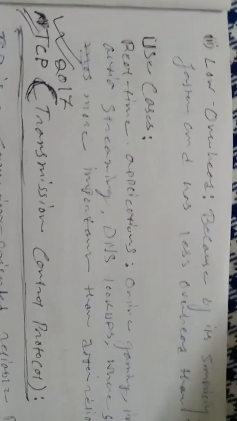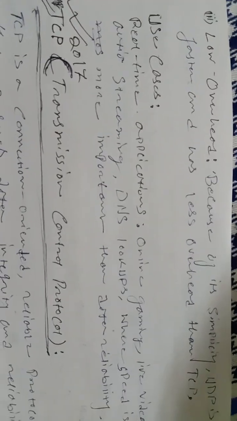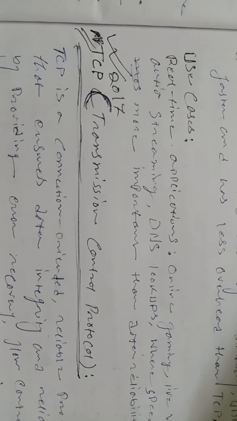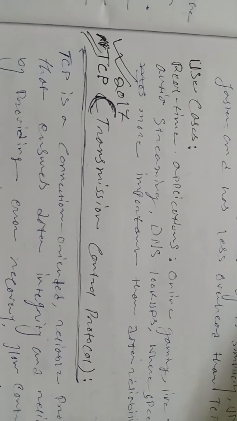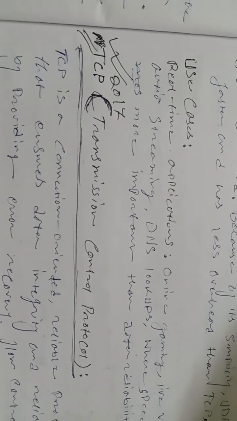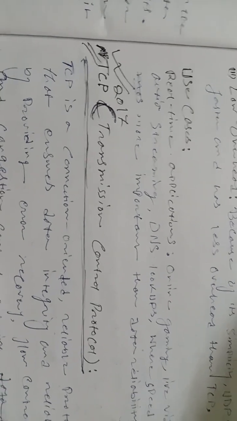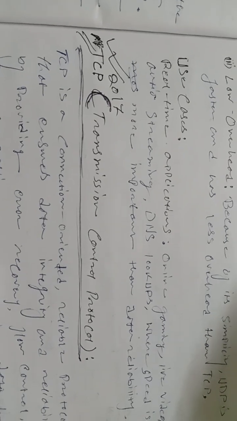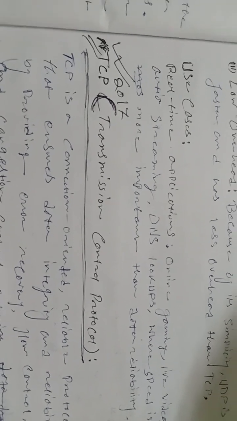Because of its simplicity, UDP is faster and has less overhead than TCP. So what is the use case? Real-time applications, online gaming, live video, audio streaming, DNS lookups, where speed is more important than data reliability.